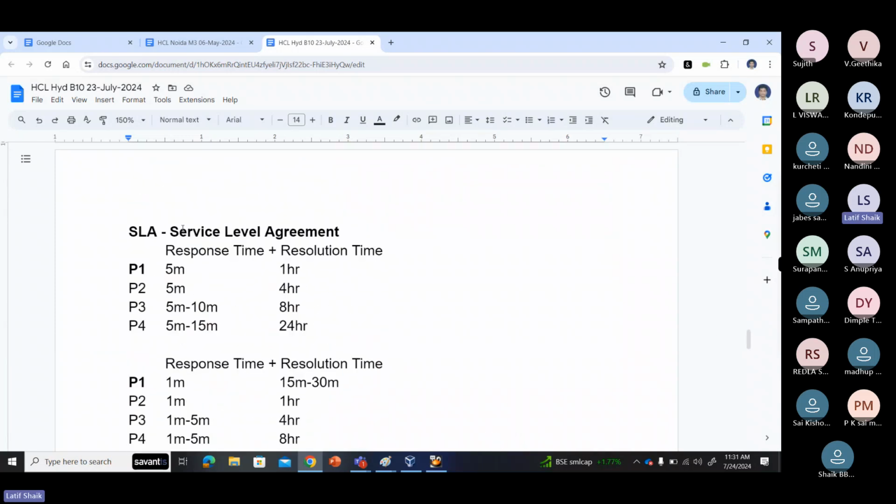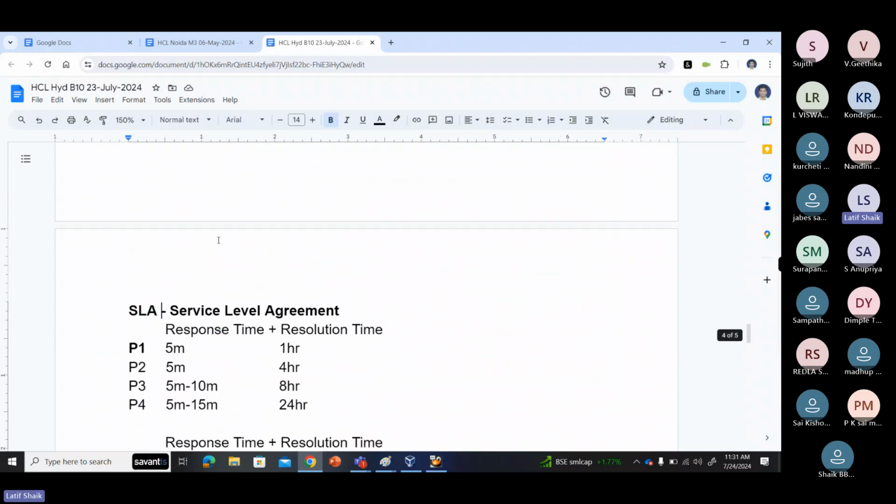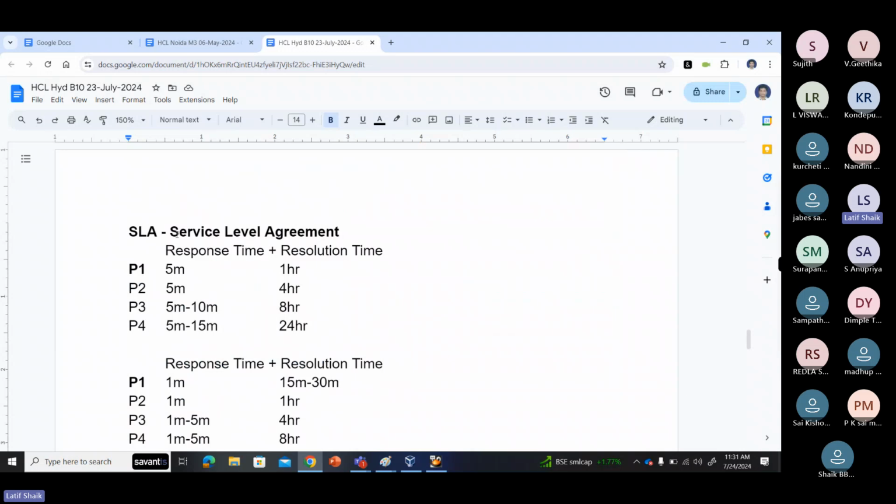The next one is SLA. I have not completed priorities, but I will give some examples on priorities. SLA, service level agreement. I already told you about this. It is a contract between the service provider and the customer or client.